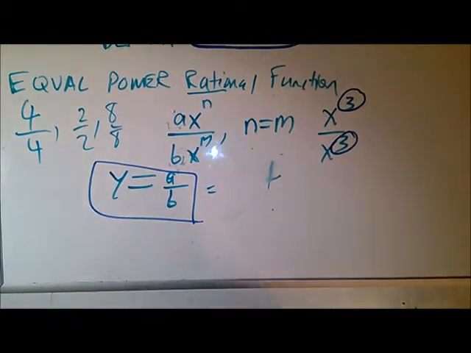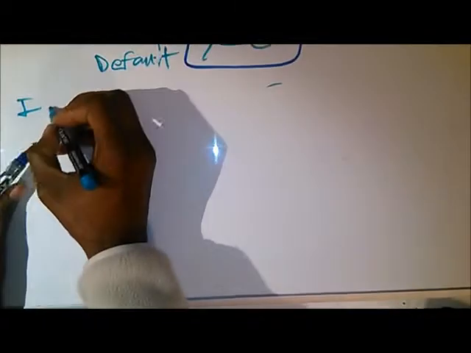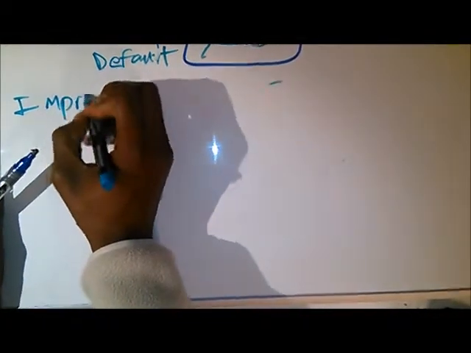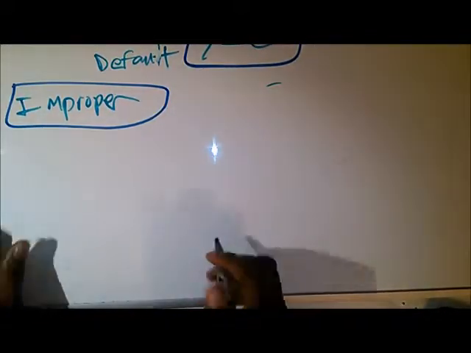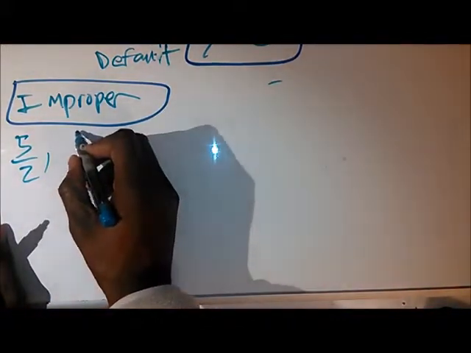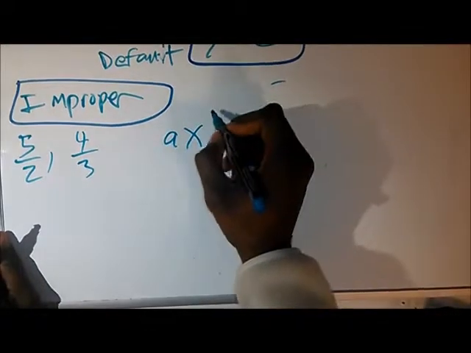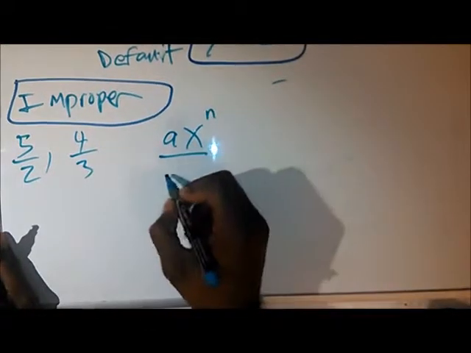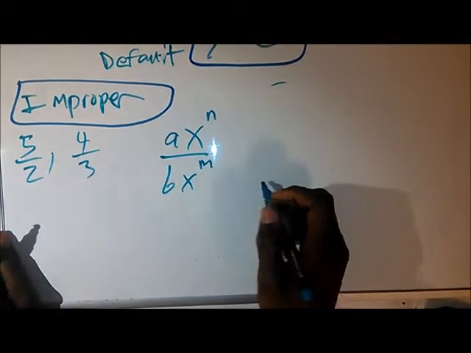And there's a last thing. It's called the improper fraction. You know those. 5 over 2, right? 4 over 3, you know those. So we have ax to the nth power divided by b, another number, times x to the m, another power, right?